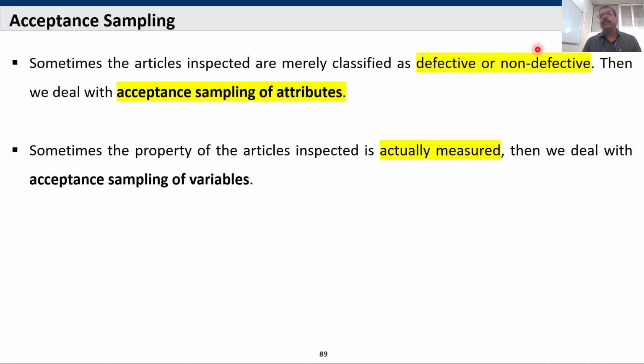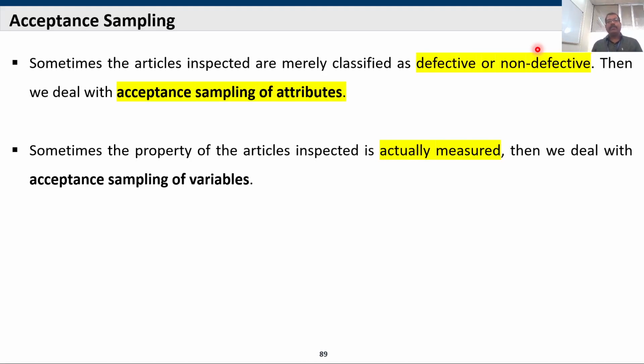Sometimes the articles inspected are merely classified as defective or non-defective. Then we deal with acceptance sampling of attributes. Defective or non-defective comes under attributes. Sometimes the property of the articles inspected is actually measured.